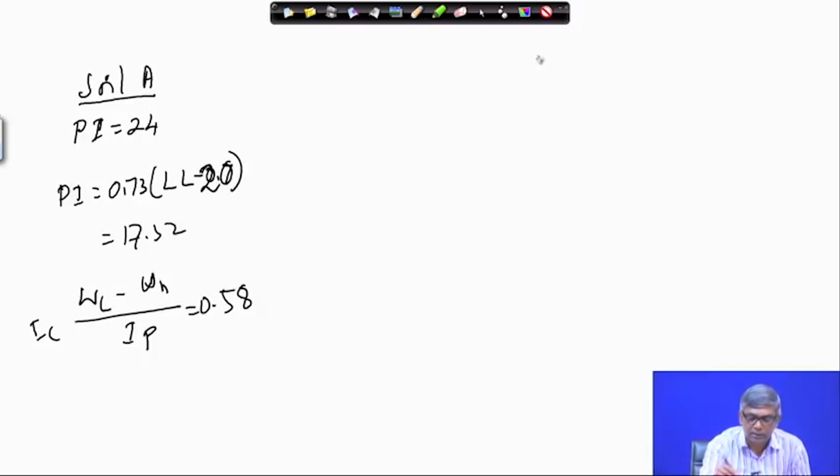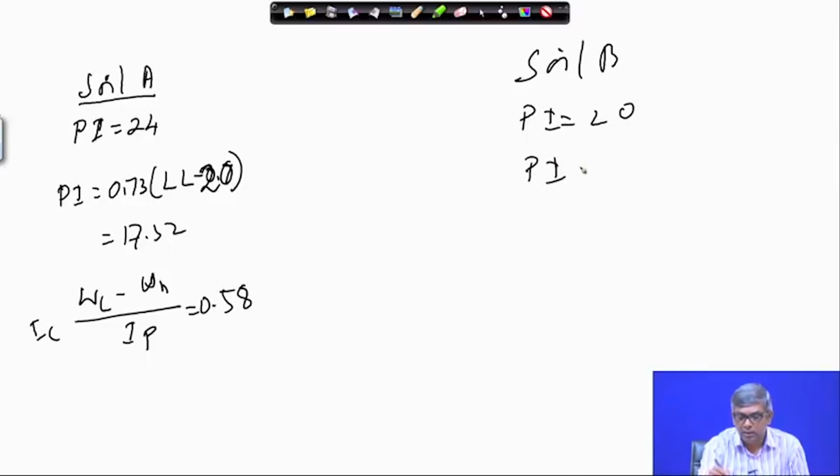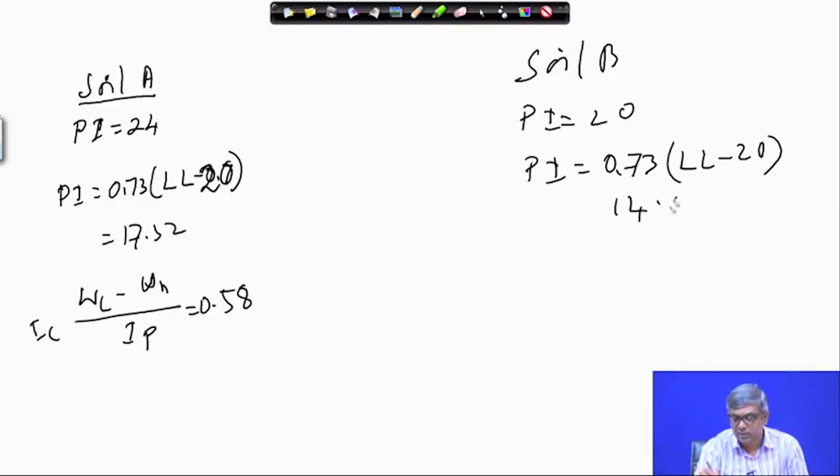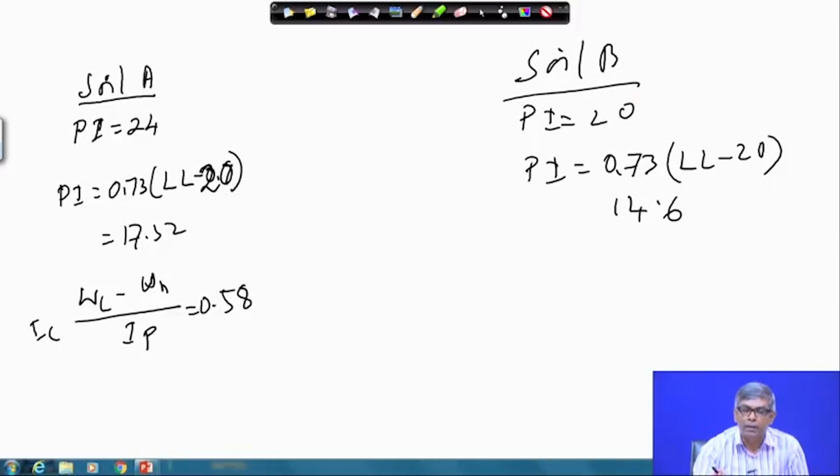Similarly, soil B will have PI equal to 20, and from the PI equation, that is 0.73 times (liquid limit minus 20), from this calculation it comes to 14.6. So, that means this soil is also above the A line, that means it is also clay, but from the range of liquid limit I can decide whether it is highly plastic, medium plastic or low plastic.